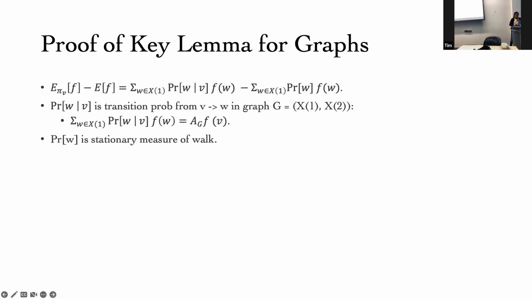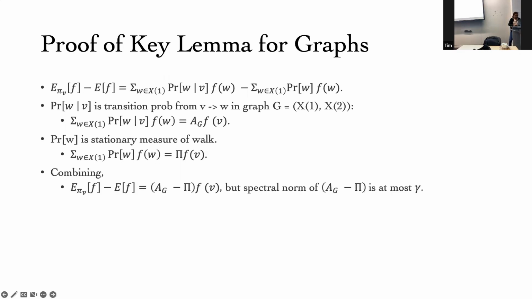Now what does the second expression mean? You can even think of the probability of W as uniform for simplicity. We would just get the expectation of F, and pi would be just the matrix where all entries are 1 over n.